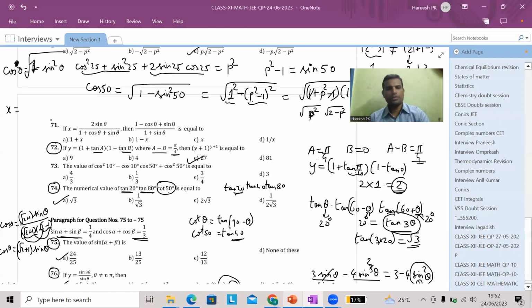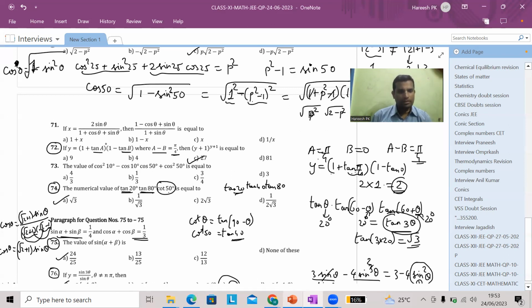Or instead of theta as 0, put theta as 90 degrees. So when you put theta as 90, you'll get 2, because sine 90 is 1, divided by 1 plus... no, this won't work. We'll have to solve it only.